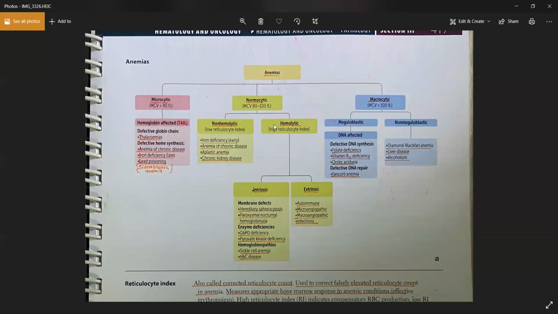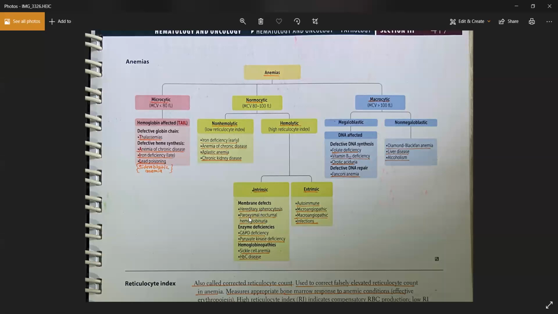Then comes the hemolytic type anemia. Okay. And the hemolysis could be of two things. It could be due to an intrinsic disorder or due to an extrinsic disorder. The causes of intrinsic disorder include any membrane defect, like in case of hereditary spherocytosis. Okay.